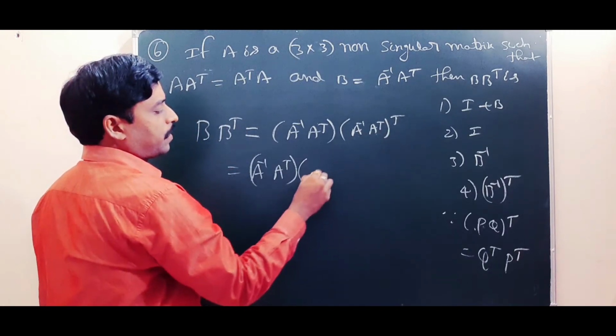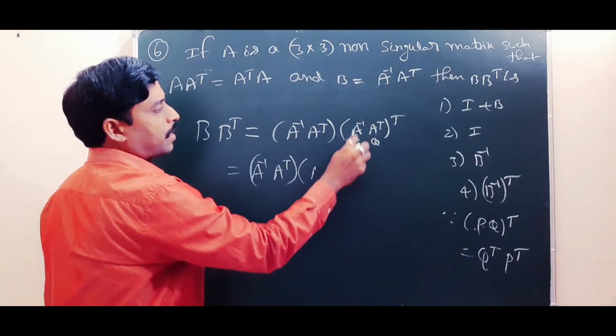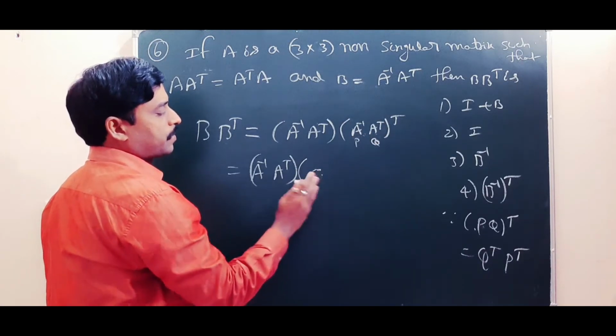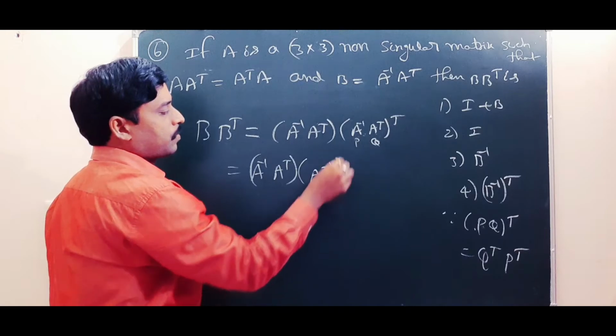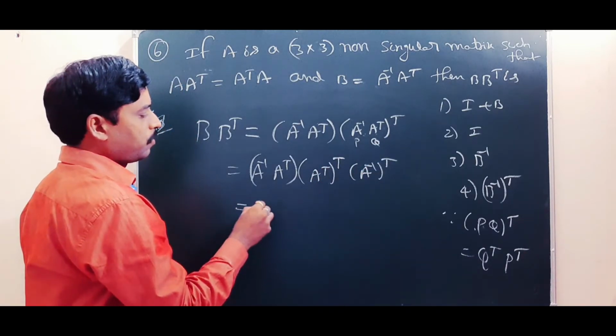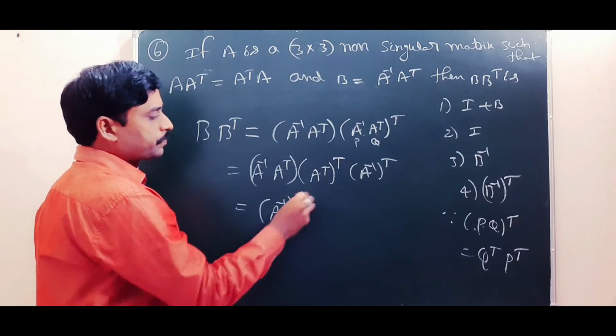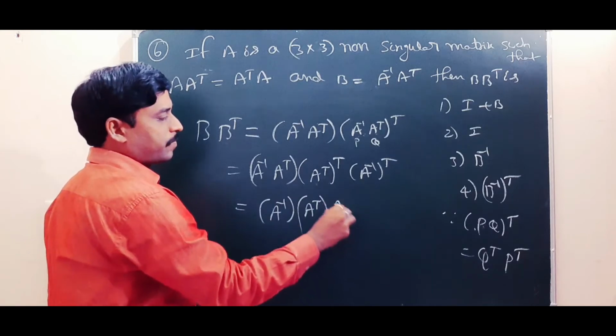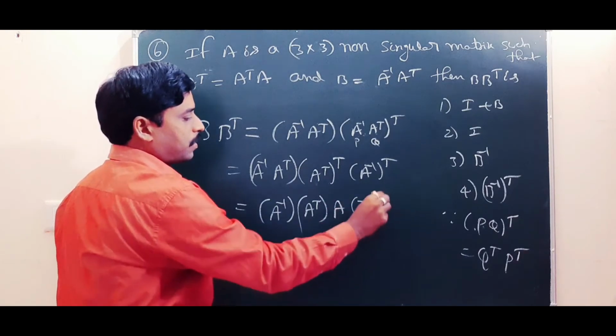Where P and Q values are A inverse and A transpose, it is going to be Q transpose, that is (A transpose) whole transpose, and (A inverse) whole transpose. (A inverse into A transpose) whole transpose is (A inverse) whole transpose.